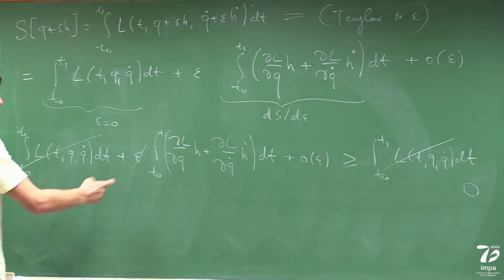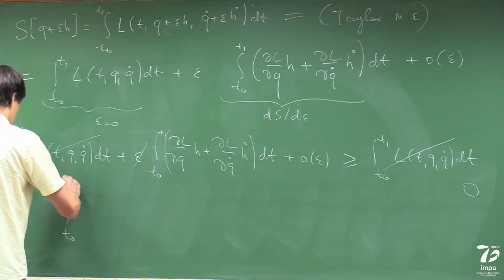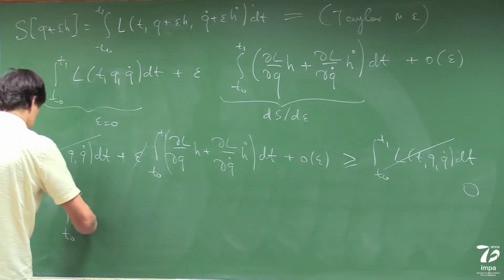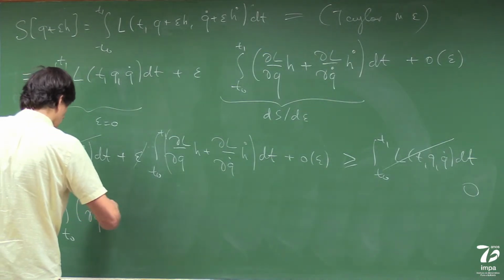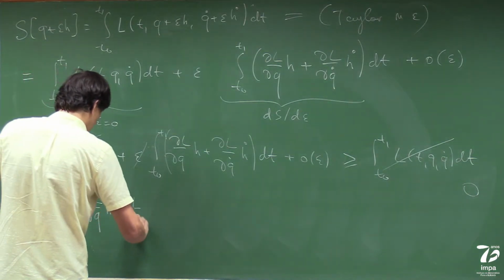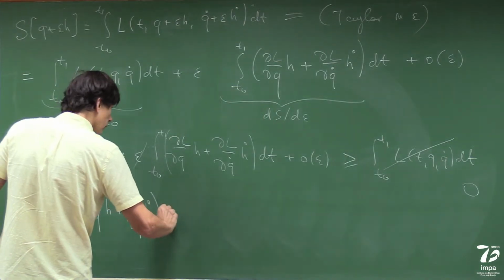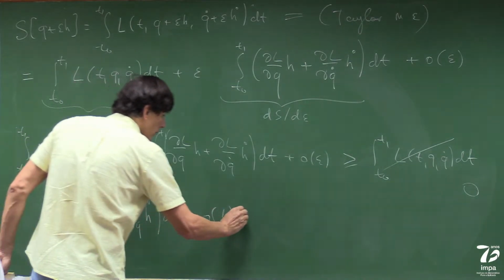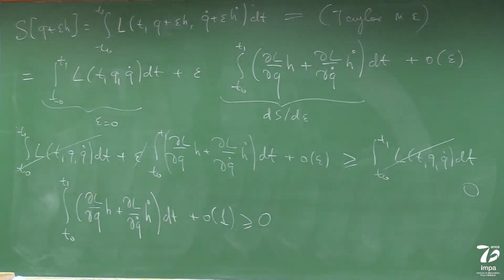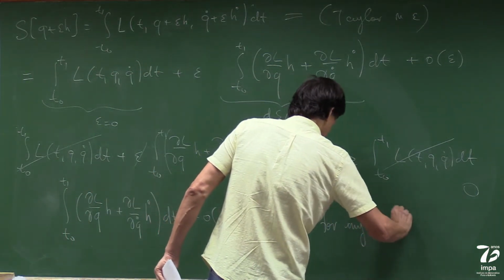So it means that at the end, we have the integral from T0 to T1 bigger or equal than 0. So this is for any, again, for any epsilon and h of t.